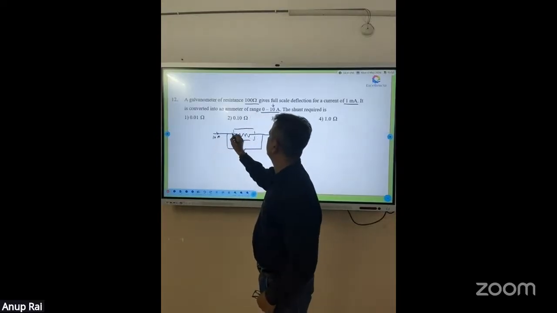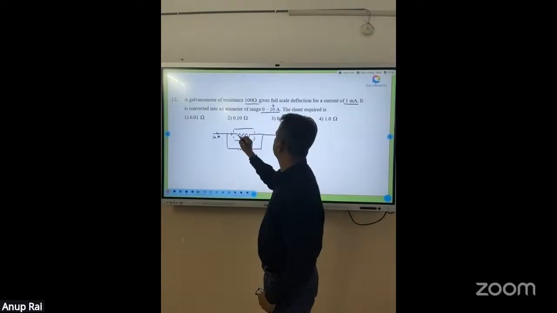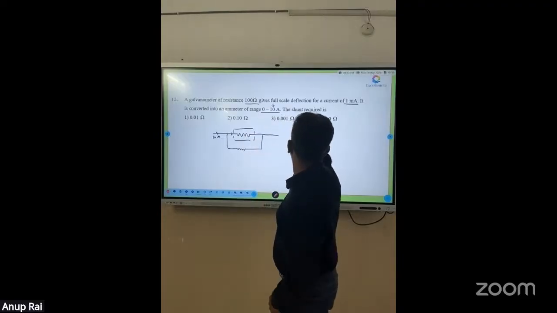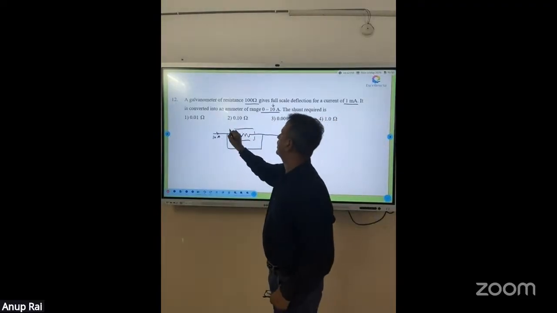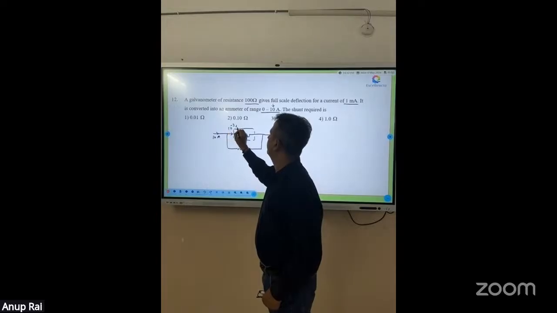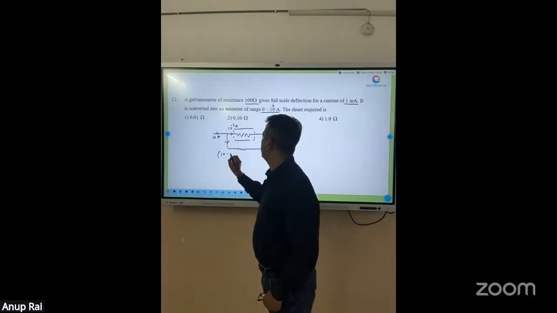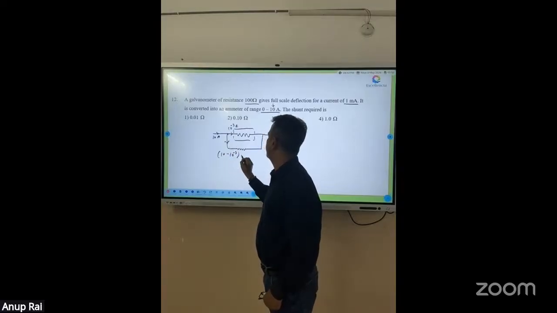For full deflection, the current in the galvanometer should be the maximum possible, 10^-3 ampere, and on this side it should be 10 minus 10^-3 ampere by the junction rule.